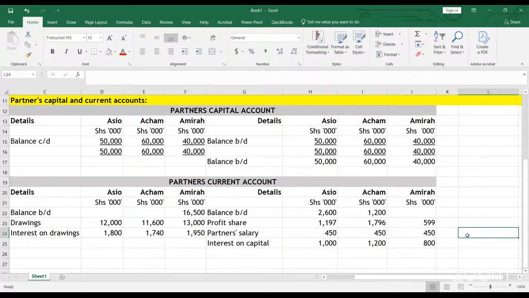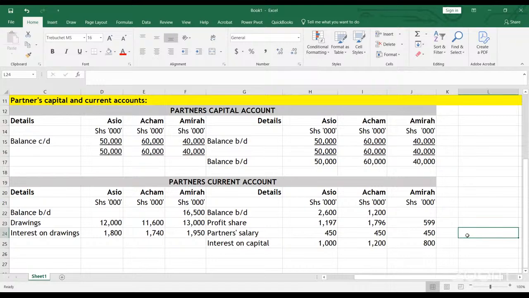But when we look at this current account, all these partners have taken more money from the partnership business. They have withdrawn more than what they had on their account. Look at their drawings. They are taking more money from the business. So their balances are going to be debit balances according to what we have.